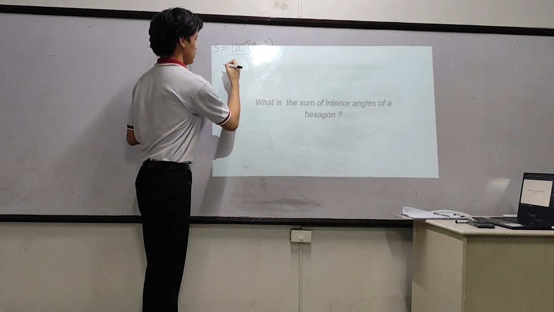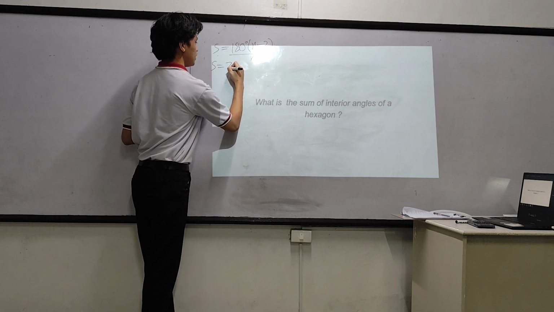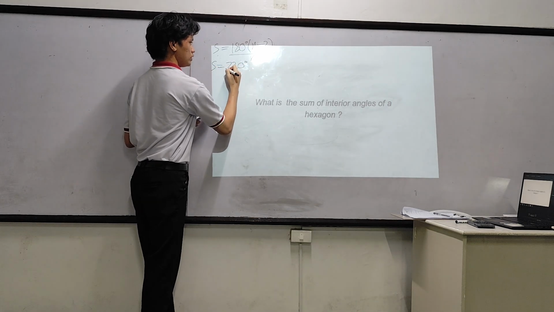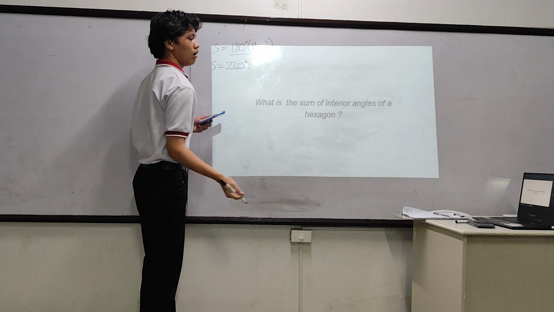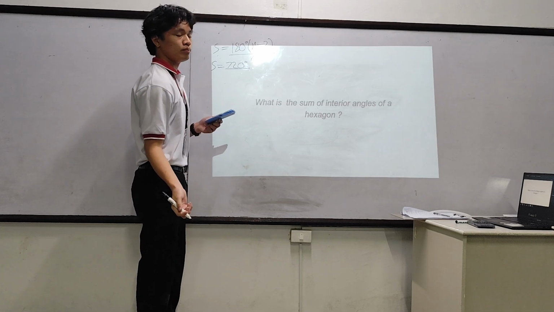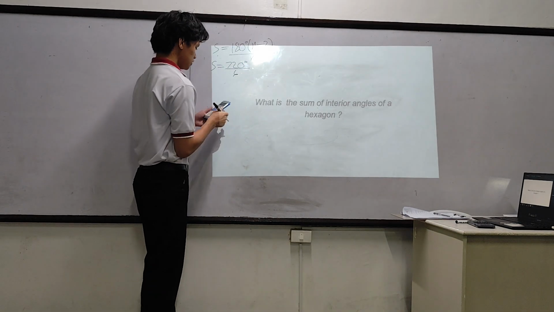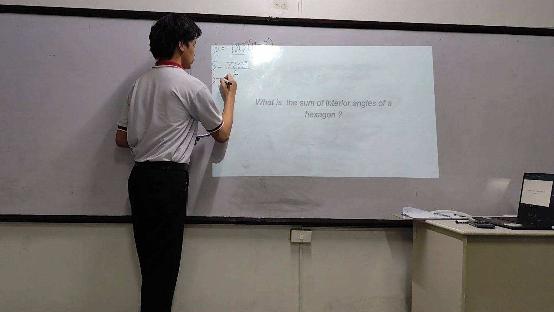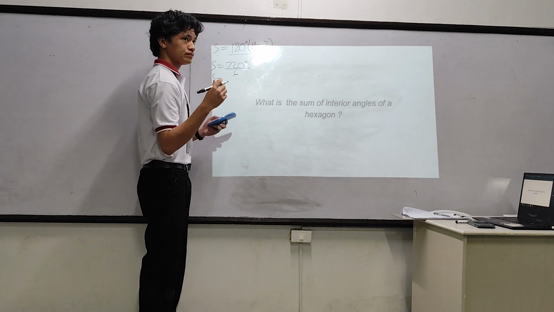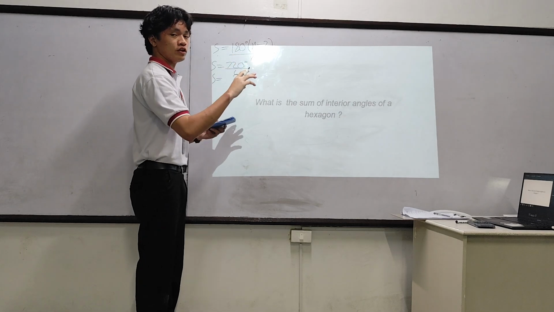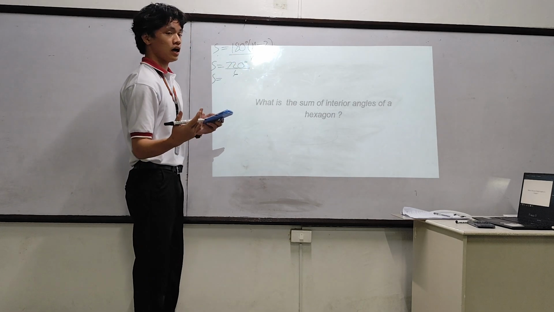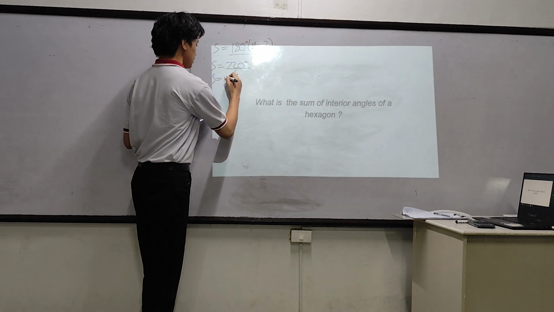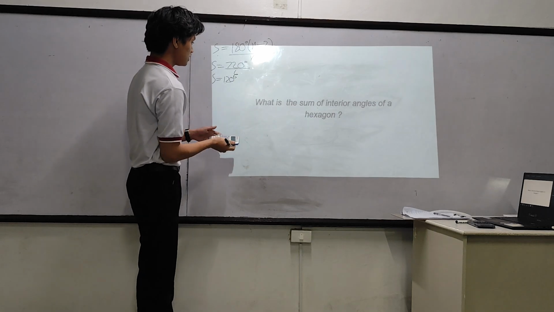After we found that S is equal to 720, we just have to divide it by the given number of sides of the polygon, which is 6. So 720 divided by 6 is equal to 120. So one interior angle of the hexagon is 120 degrees.